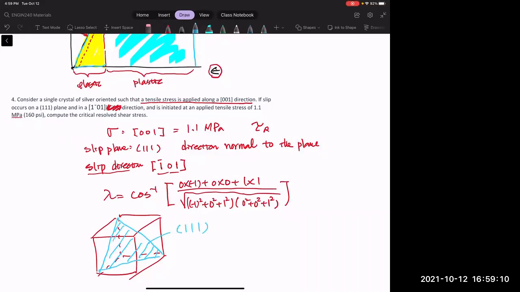They all connect to the corner points of the unit cell. And the direction is going to be from this point to the diagonal of the other side. So that direction is actually the 1, 1, 1 direction as well.